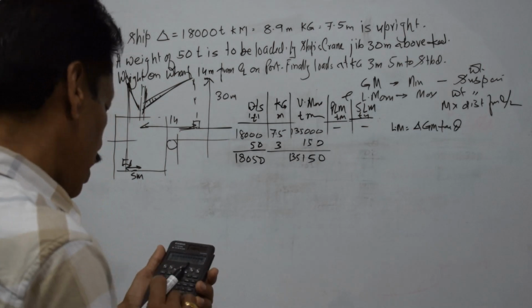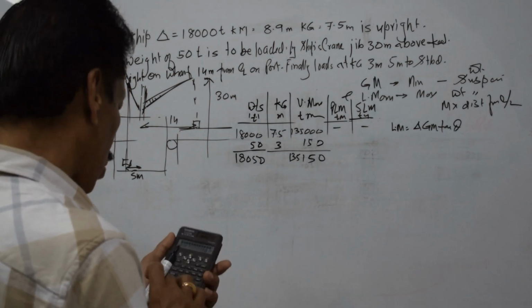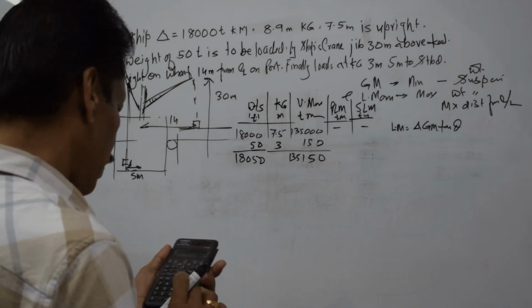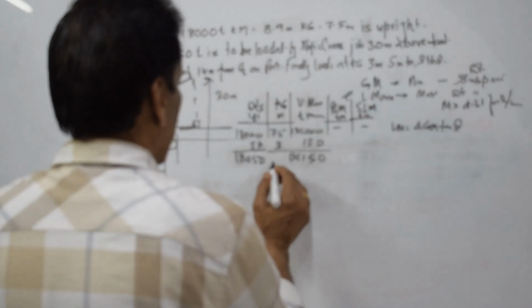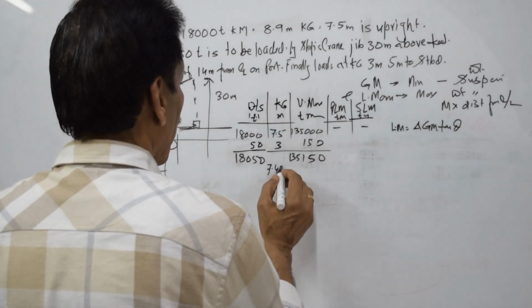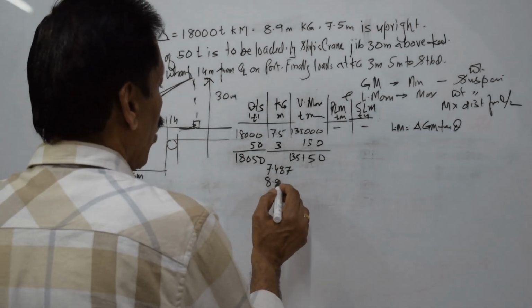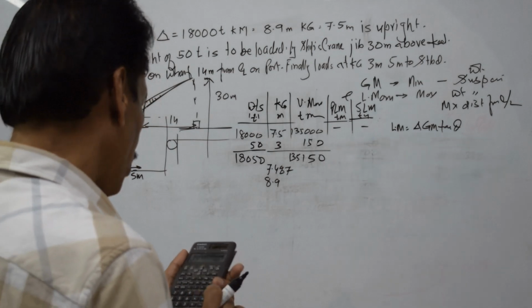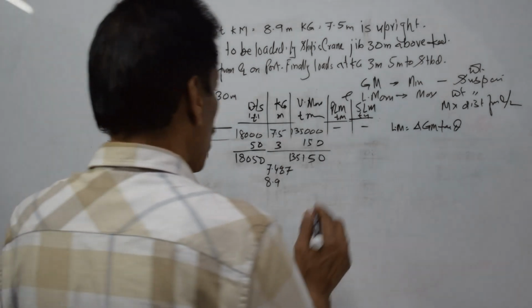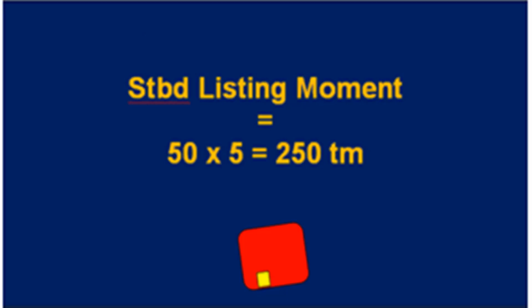So 135,150 divided by displacement 18,050 gives me KG as 7.487. And we assume that the KM remains the same at 8.9. Gives me a GM of 1.412. GM is 1.412.